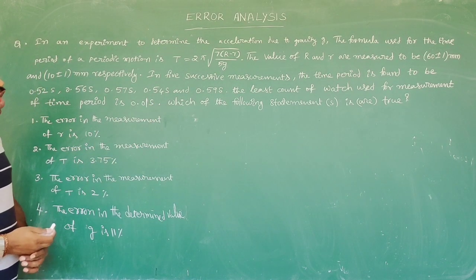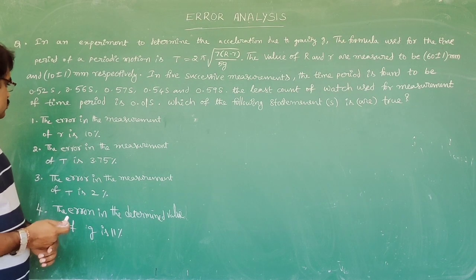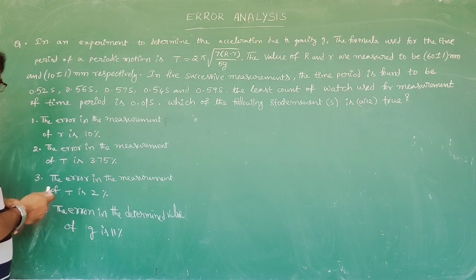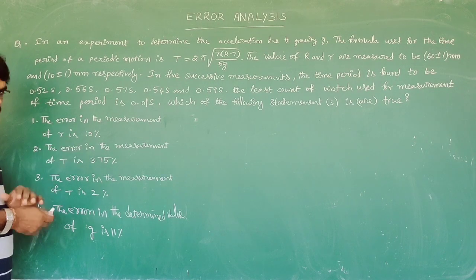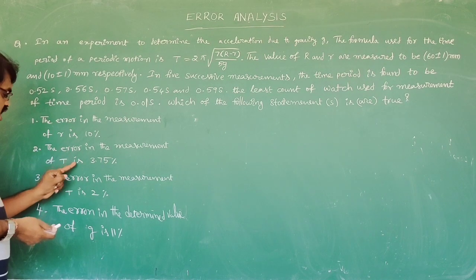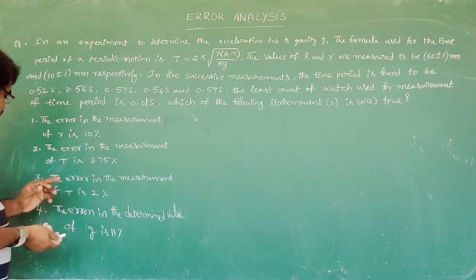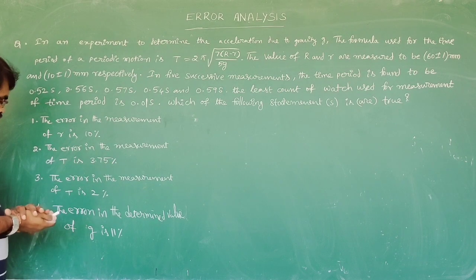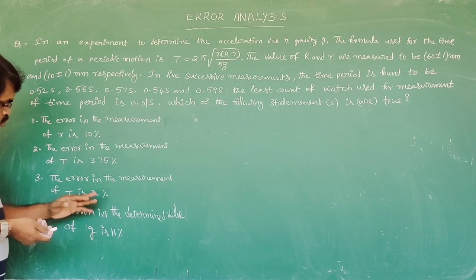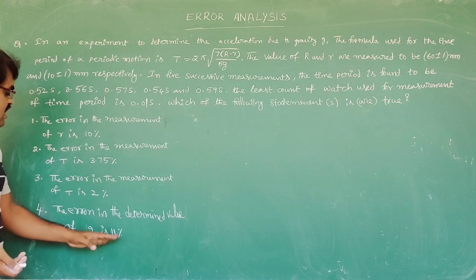Which of the following statements is true? The error in the measurement of R is 10%. The error in the measurement of T is 3.75%. The error in the measurement of T is 2%. The error in the determined value of g is 11%.